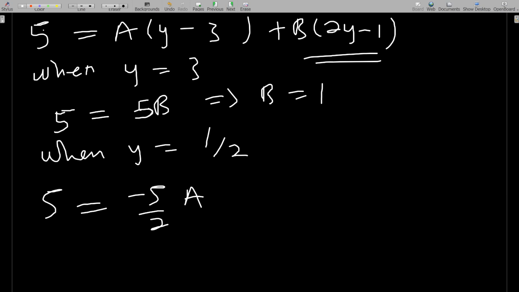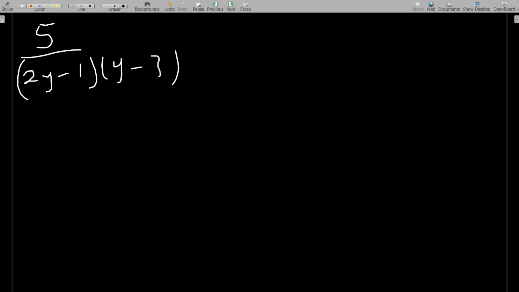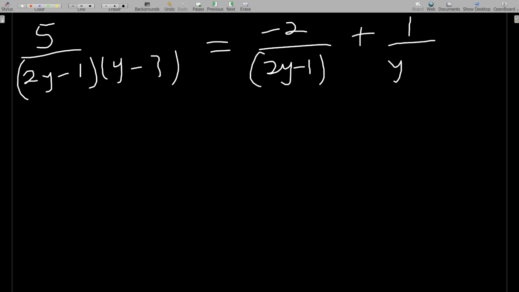So this implies that if I make a the subject, a equals minus 2. Then the whole fraction has turned into minus 2 over (2y minus 1) plus 1 over (y minus 3).